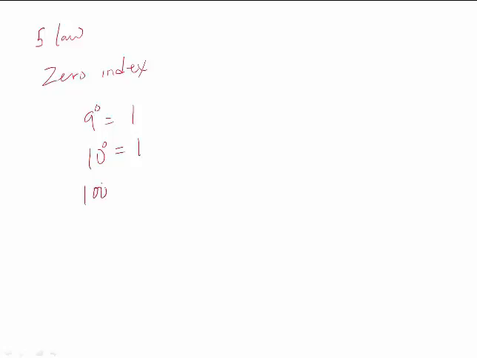If you say 1000 raised to the power of 0, it will be 1. If you say Y raised to the power of 0, it will be 1. Even 1 million raised to the power of 0 will give you 1. So anything raised to the power of 0 would always give you 1. That is the fifth law, which is referred to as zero index.